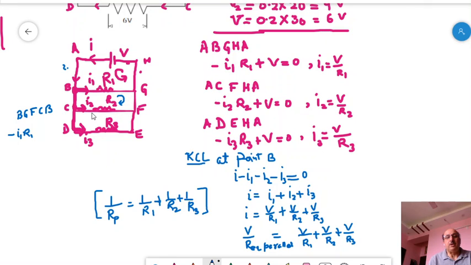Now the current is coming from higher to lower, but we are moving from lower to higher end, so it is plus I2 R2, and now we reach here at point B, so it is equal to 0. So we have another equation, I2 R2 minus I1 R1 is equal to 0. By this way, we may get various equations in various loops.